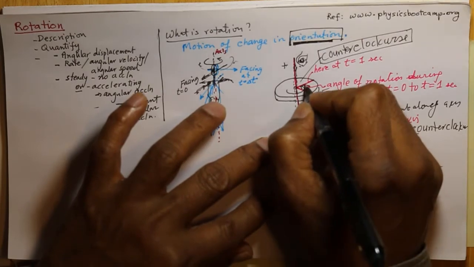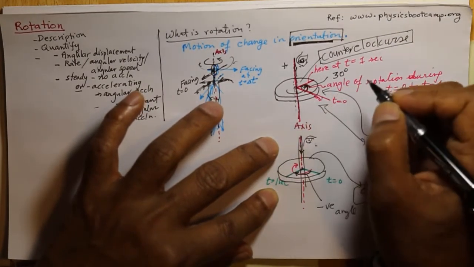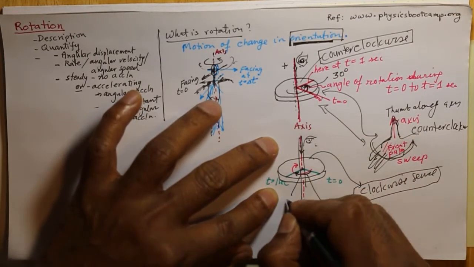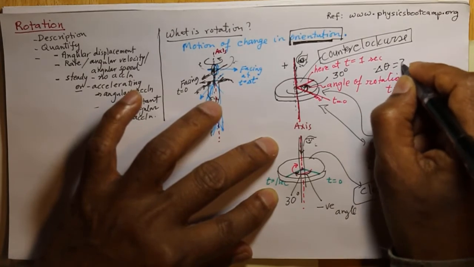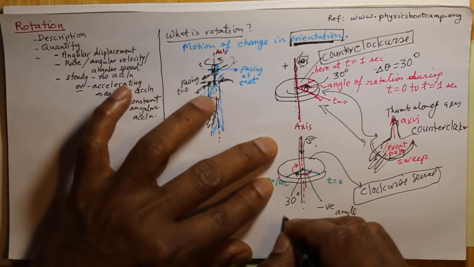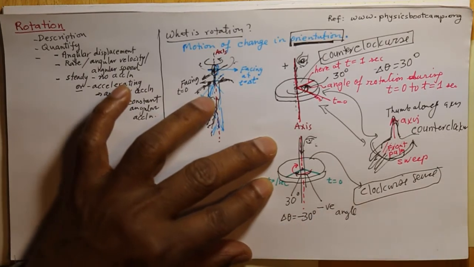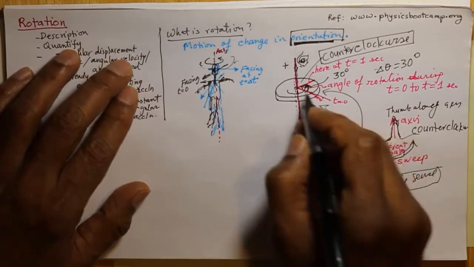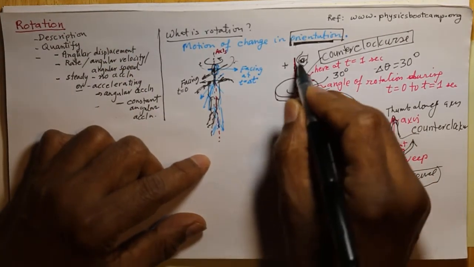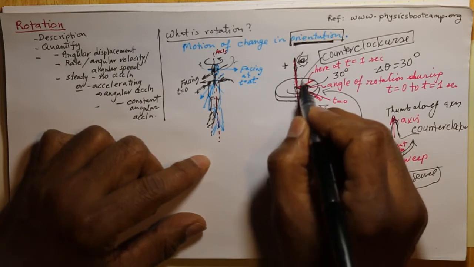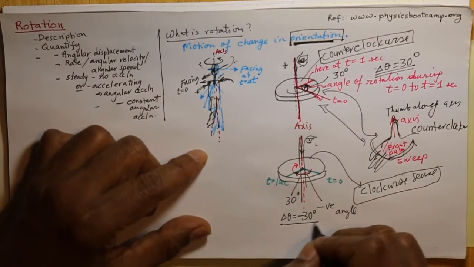So if this was a rotation by 30 degrees, and this was also a rotation by 30 degrees, then delta theta here will be 30 degrees, and delta theta here will be not 30 degrees but minus 30 degrees. Okay, so that's the way we quantify it, by putting a marker and then looking from the axis, and if it's clockwise or counterclockwise, we can give the angle.